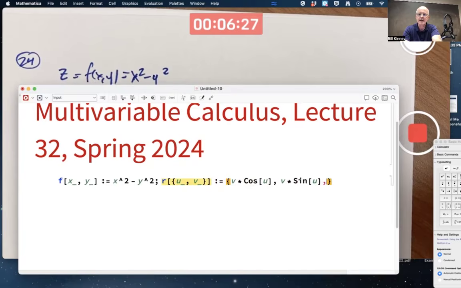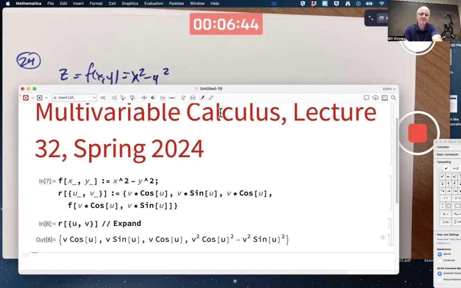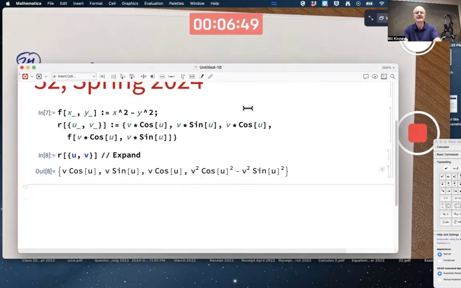Then plug those same things into f. You could copy and paste if you like for saving time. F of those things. And we could simplify, see what the formula looks like. Expand seems to work best. There's what the formula for the parameterization looks like.